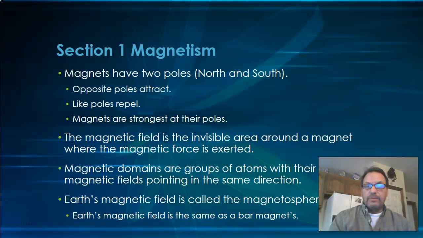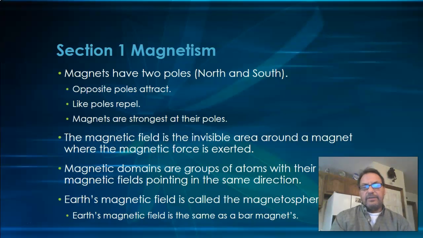So like poles repel. And then it's important to know that magnets are strongest at their poles. It's not at the sides. When you're taking a magnet, you don't normally stick it on the side. You stick it on the end, and that's where it'll be the strongest, whether that is at the North Pole or at the South Pole.